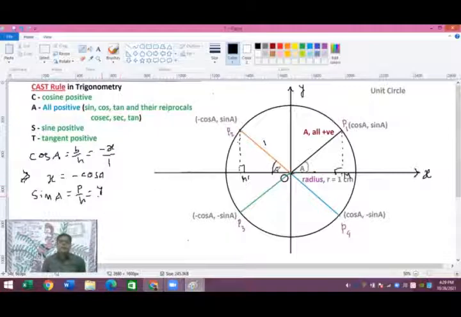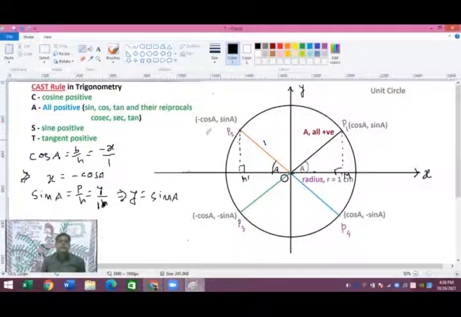And H is again 1, so in place of H you can write 1. So y equals sine A. Therefore you can see that at the point P2 in the second quadrant, the x coordinate is minus cos A, and the y coordinate is plus sine A.